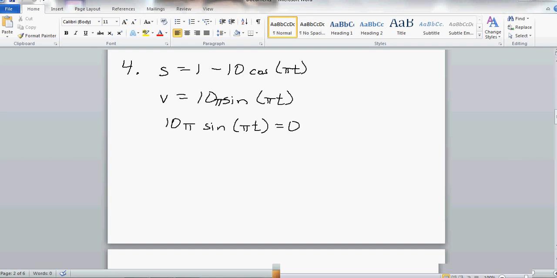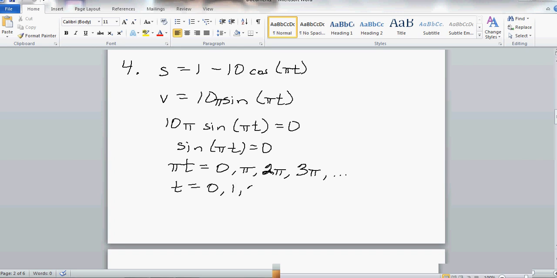So if I divide both sides by 10 pi, I still get sine of pi t equals 0. So since I know sine is equal to 0 at 0 and pi and 2 pi and 3 pi, any multiple of pi, so on and so forth, I can divide everything through by pi to figure out what my time will be. So my time will be at 0, 1, 2, 3, and 4. That's where my velocity will be at its maximum.